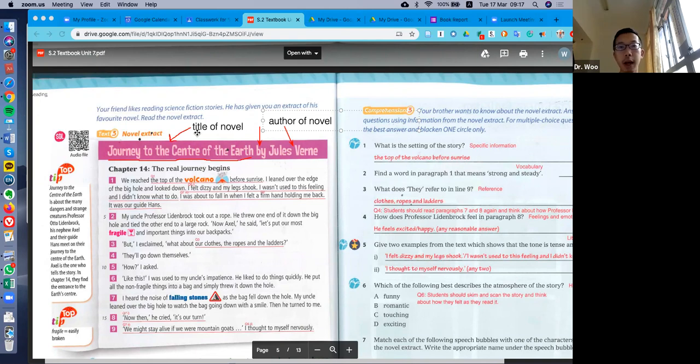Not only that, but we also see the author of the novel, that is the writer. We can connect the title of a novel and the author of a novel using the word by.